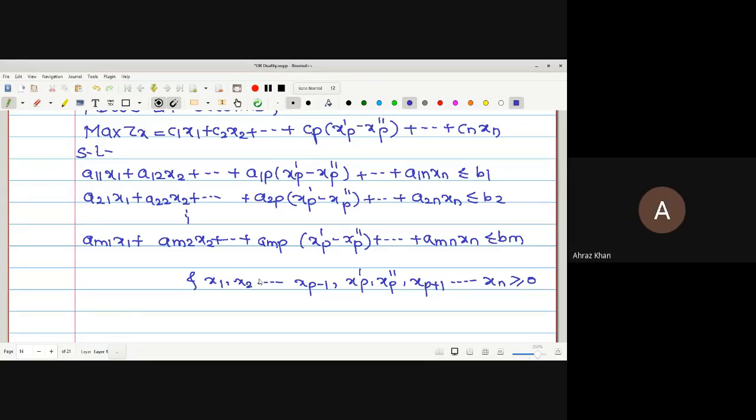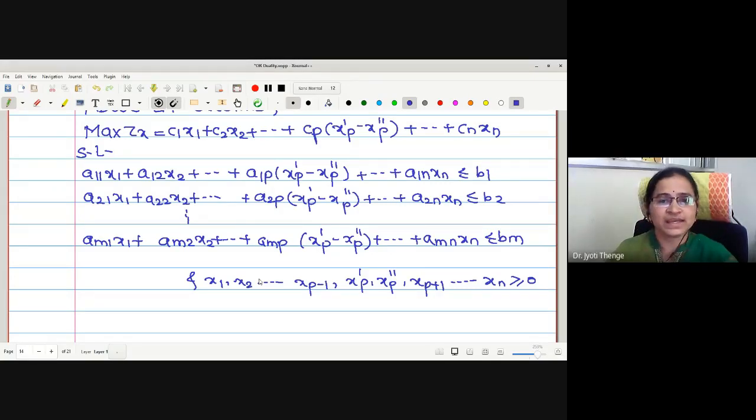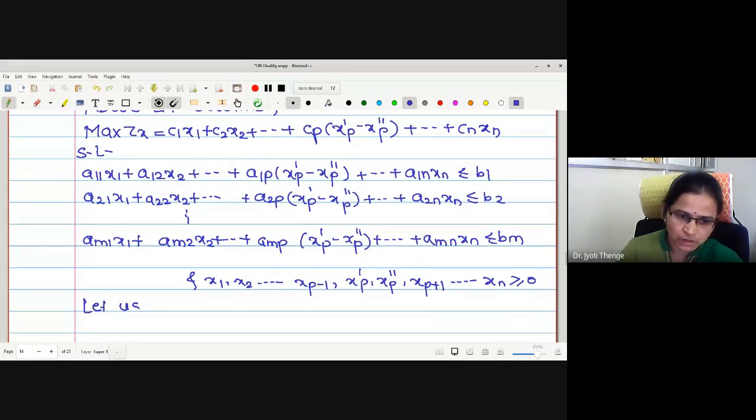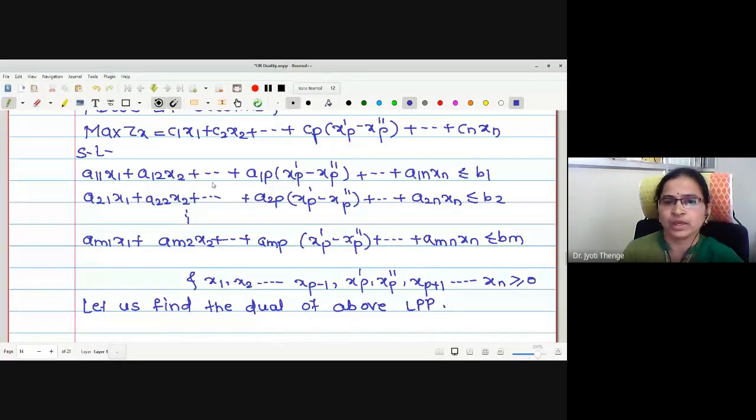It will be m. Yes. I think I have already explained that the number of variables and number of constraints, the roles get exchanged in its dual. Correct? Just find the dual of the above LPP.